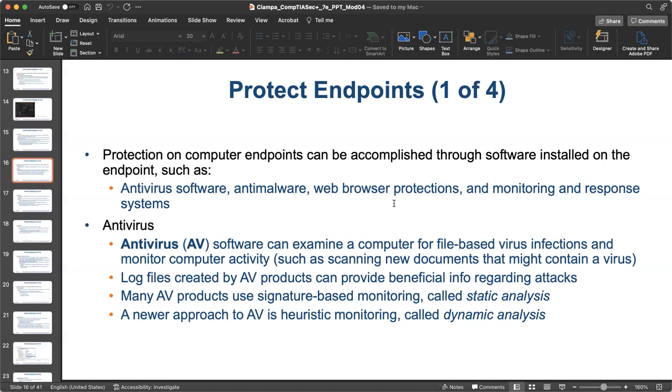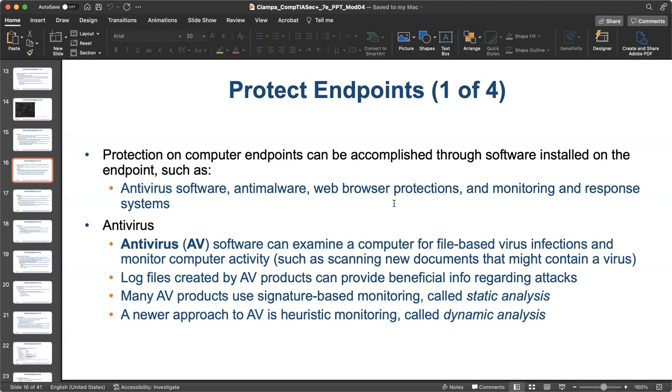So if a virus is detected, options generally include cleaning, deleting, quarantining, or logging the file and reporting those to the AV. These logs that are created with AV products can also be provided in the threat intelligence, right?